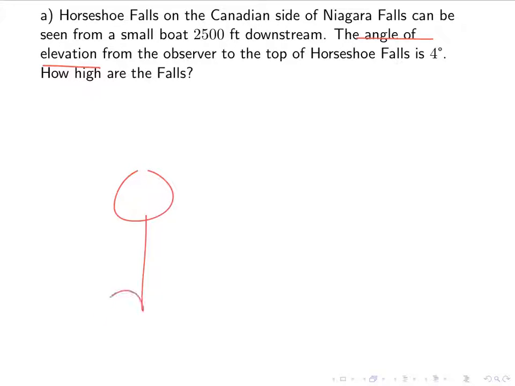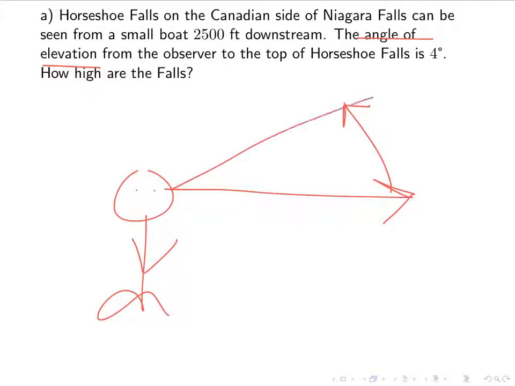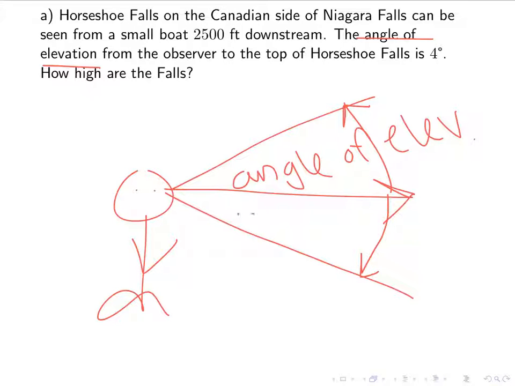If I think of a person looking horizontally, and for an angle of elevation, they're moving their head up, this is an angle of elevation. An angle of depression is, again, they're starting at their horizontal eyesight and they're depressing their head down. So this is an angle of depression.